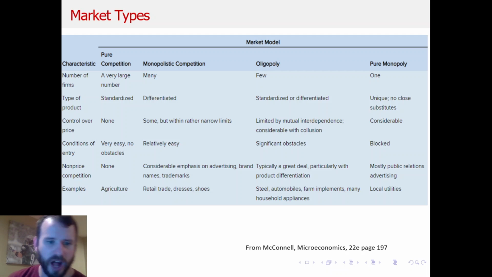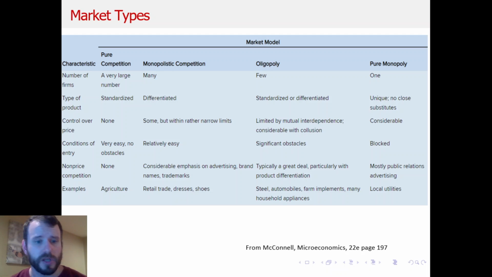Oligopoly would be next. So oligopoly is when there's only like 2 to 4 firms, typically, maybe a little more, but a few firms, not as many as perfect or monopolistic competition, which could have 50 to an infinite number of firms. Monopolistic competition is usually going to have a lot of firms. Maybe not 50, that's high, but it could be 50.